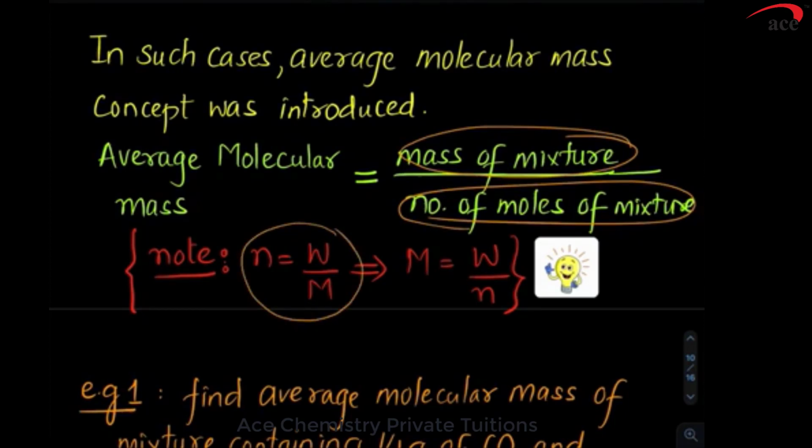If you are aware, the number of moles is given by the formula weight upon molecular mass. So if you interchange the positions of number of moles and molecular mass, then molecular mass is given by weight upon number of moles, so mass upon number of moles. That is what molecular mass is. Are you able to see mass is given here and moles are given here? This is how the average molecular mass concept works.